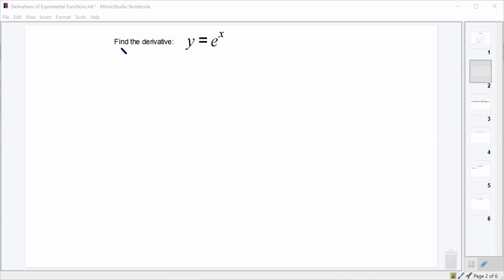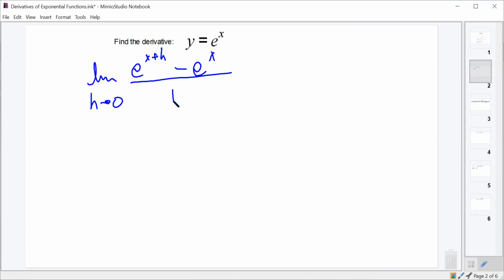Power rule doesn't work because it's not x to a number, it's a number to x, so that won't work. Nothing else can end up working for this. So yeah, we're going to try a limit. We're going to do a limit as h approaches 0 of f of x plus h, which will be e to the x plus h, minus e to the x all over h. Everybody good with that? And then think about what you want to do with that.